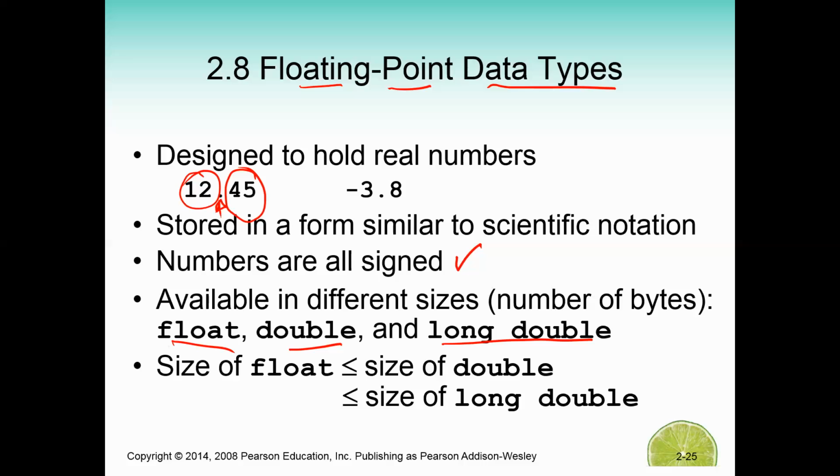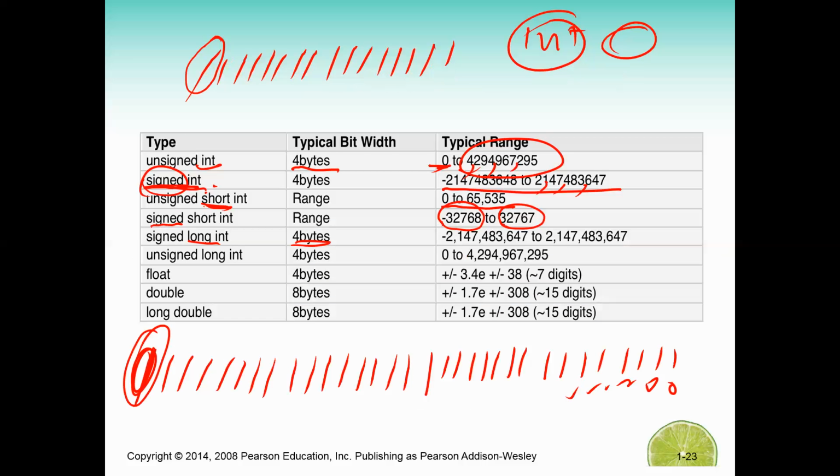And here we have how much memory is going to be used. The float is going to be using 4 bytes. But the number of decimal positions is going to be only 7. So I can only put 1, 2, 3, 4, 5, 6, 7 decimals. 7 decimal positions.